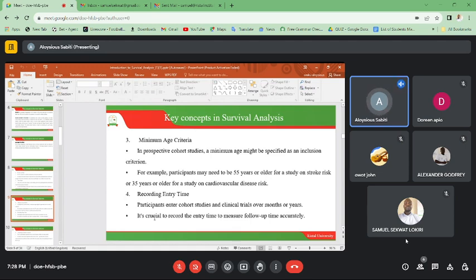So if you wanted to do survival analysis, you may not do survival analysis on some age categories. You will have to have criteria through which you can subject a particular population to a particular study.